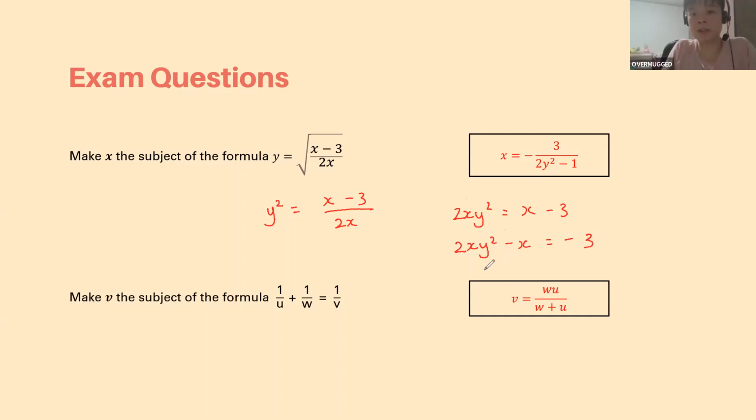And how can you take out your x? You just factorize it out. And I want my x to be alone, so I just divide both sides by 2y squared minus 1, and I'll be able to get this. So you can see they will test the square root and they will test the factorization.